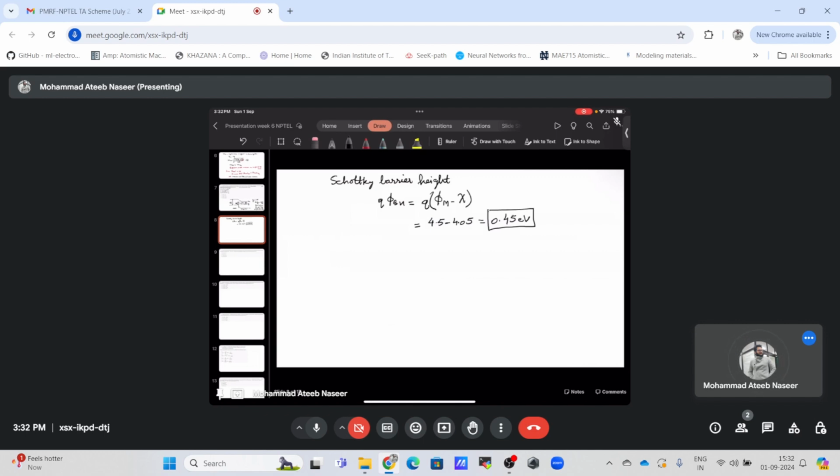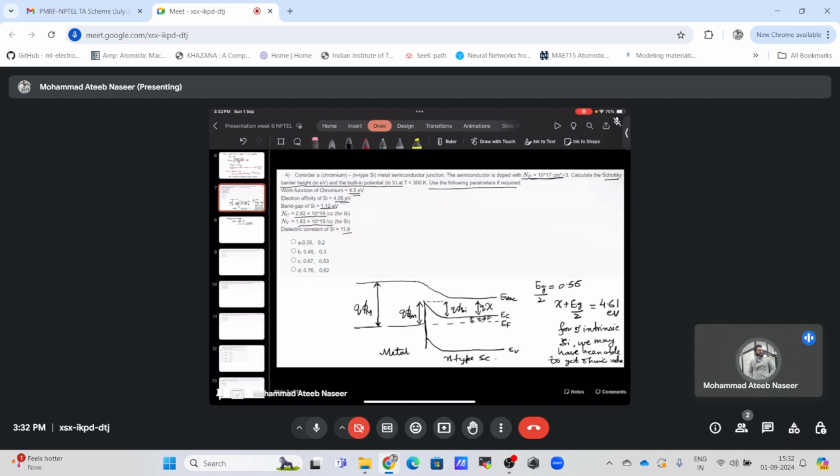And now from the energy band diagram, we can clearly say this Q phi Bn is the sum of two things, which is the built-in potential and the difference between the conduction band edge and the Fermi level.